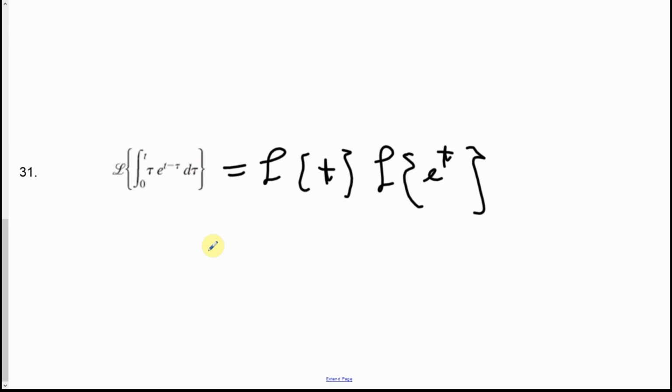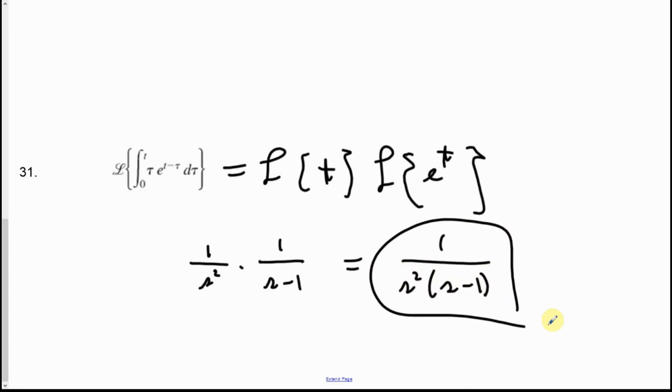And so this is 1 over s squared times 1 over s minus 1, so this becomes 1 over s squared times s minus 1. And that's basically about it. This section was pretty good. All the work really is in the previous sections, so not too much going on here.